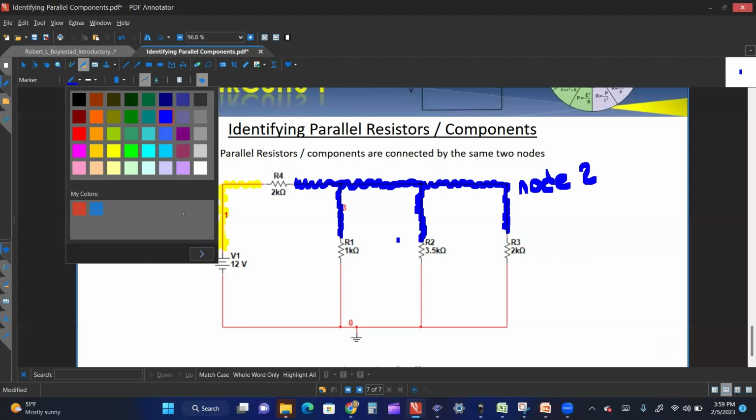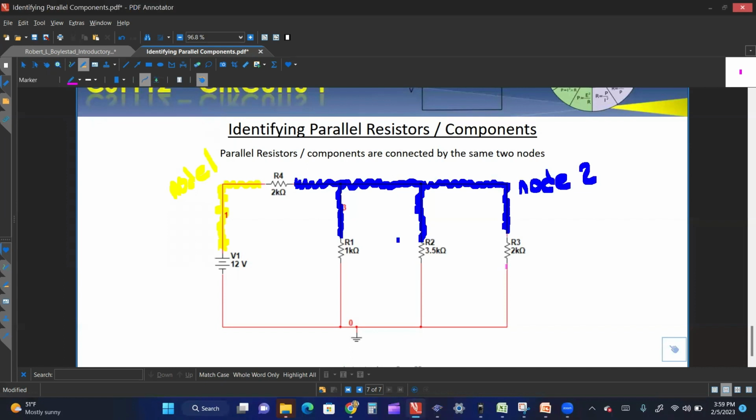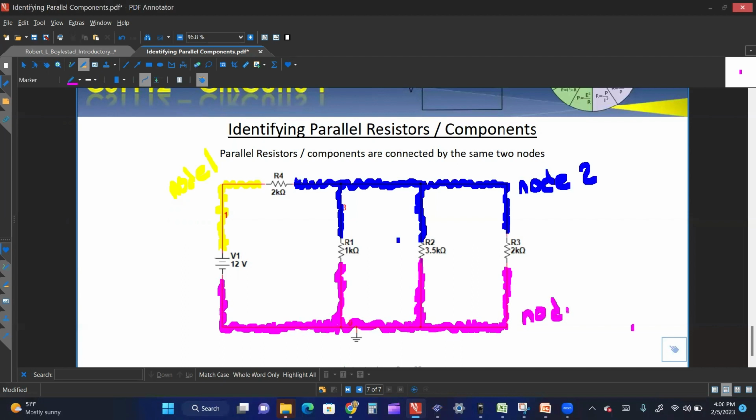I'll switch the color to a pink. All right, let's keep going until you get to a resistor or a component. All right, so this is node three. So this one actually has three nodes on it.